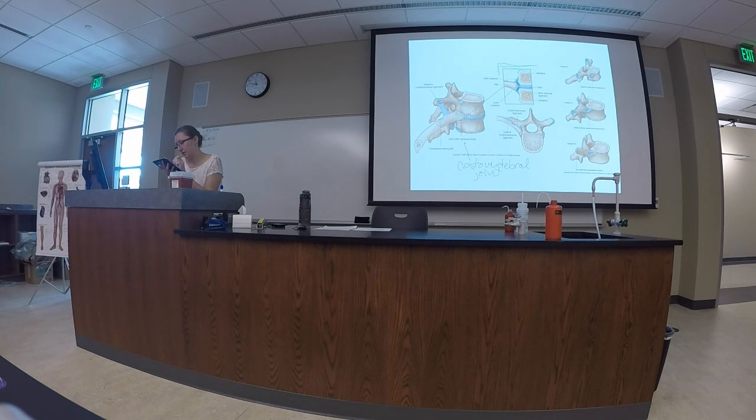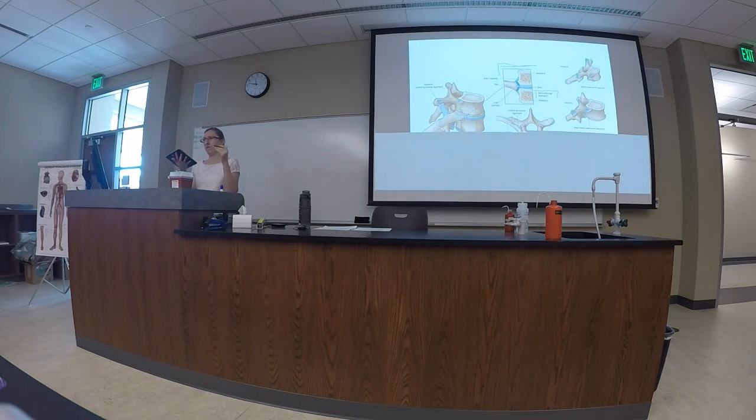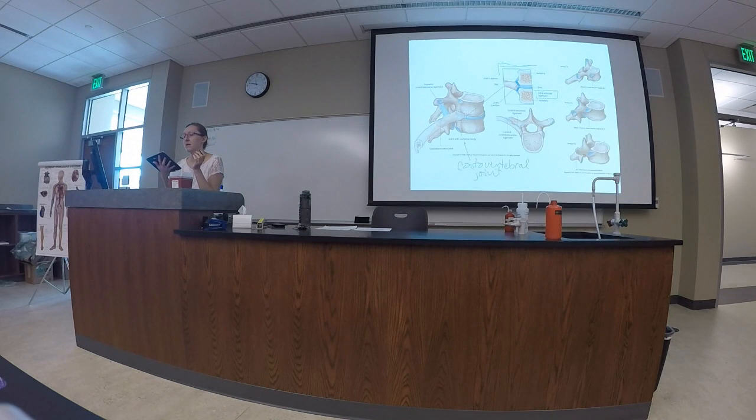You also can see that the superior and inferior articulating facets and their joints with the vertebra are separated by the intra-articular ligament, which helps stabilize that joint, and that is continuous with the intervertebral disc. The joint capsule surrounds the entire joint, so there's not a separate joint capsule for the superior and inferior articulating facets.